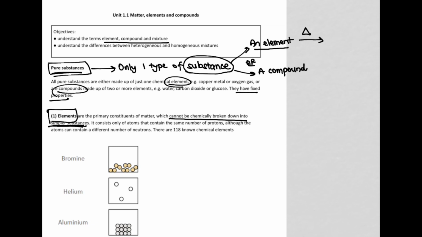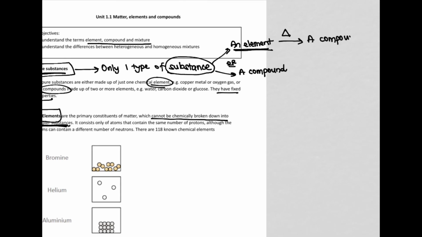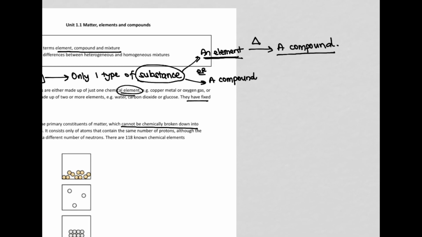This is what an element is. It cannot be broken down into any simpler substance. If you heat an element, the only thing that you can get is a compound. And when you're heating an element, if you're getting a compound, means you're going to add something to it. So if you heat an element, you will observe an increase in mass.